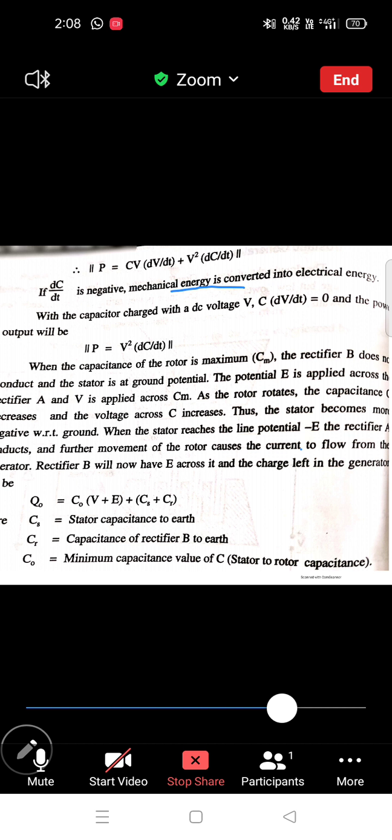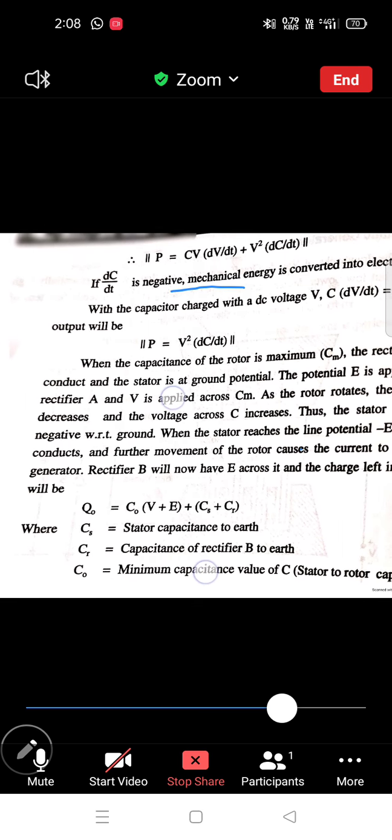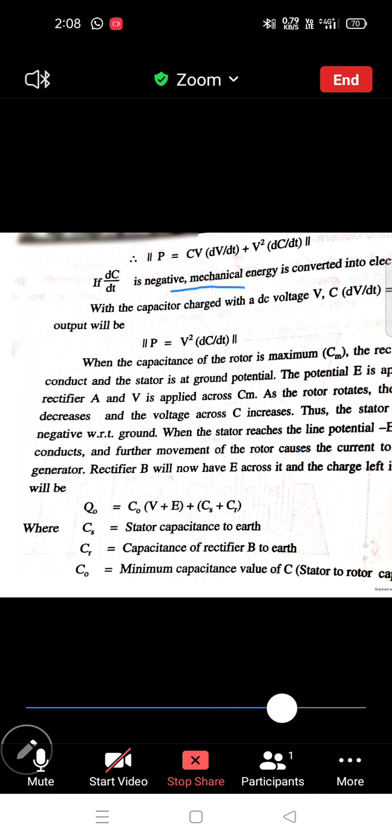Thus, the stator becomes more negative with respect to ground. When the stator reaches the line potential minus E, the rectifier A conducts and further movement of the rotor causes current to flow from the generator. Rectifier B will now have E across it and the charge left in the generator will be Q0 equal to C0 (V plus E) plus (Cs plus Cr).